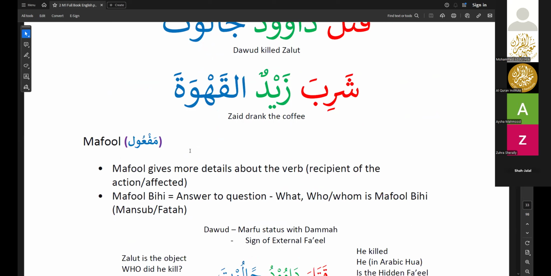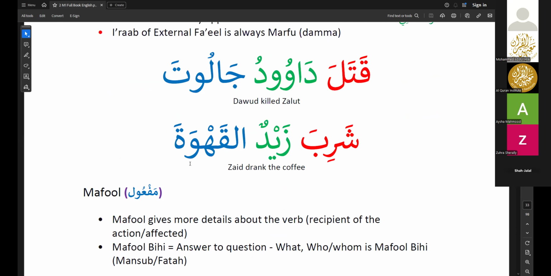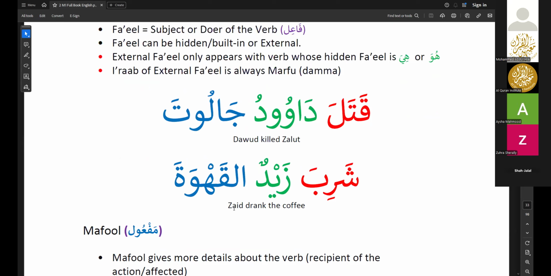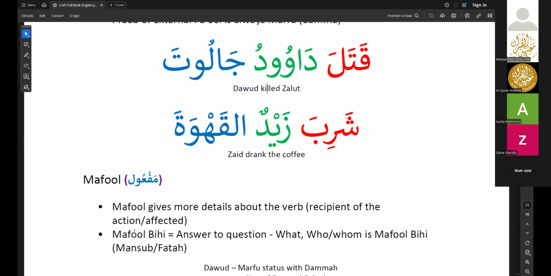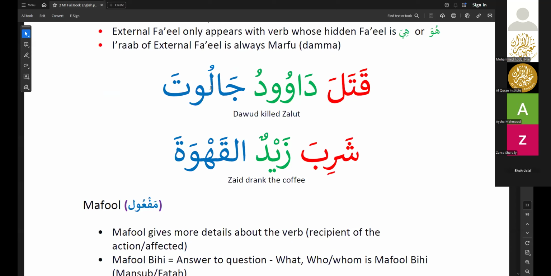So the maf'ul gives more details. It is the recipient of the action. The action is indicated by the fi'l, and the maf'ul gives more details about the verb. That means the maf'ul may or may not be present in the sentence.